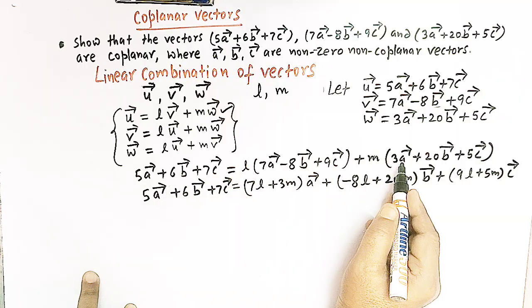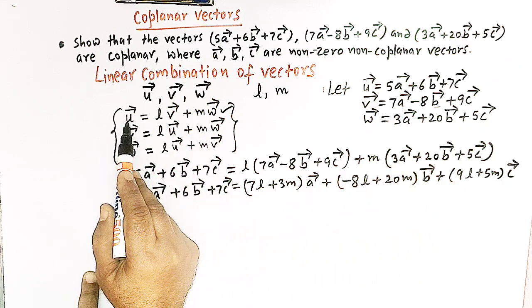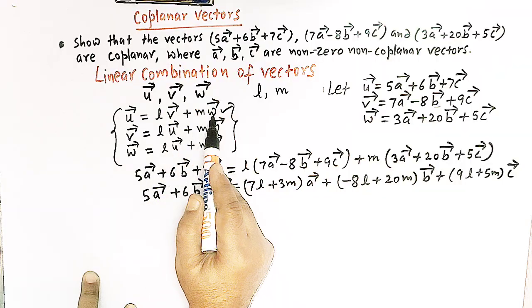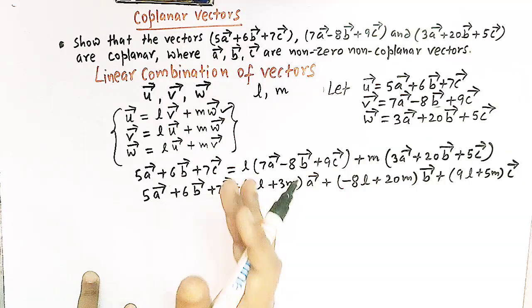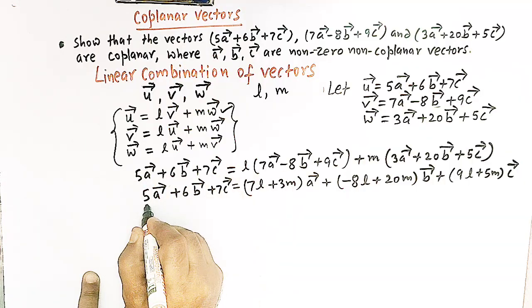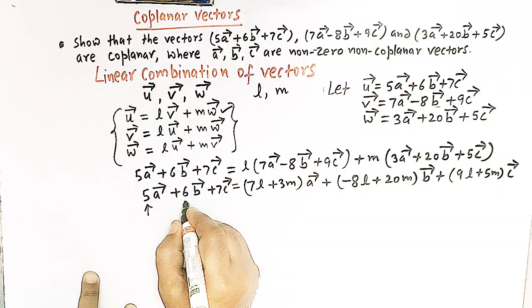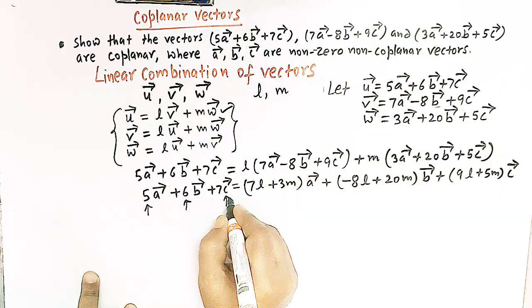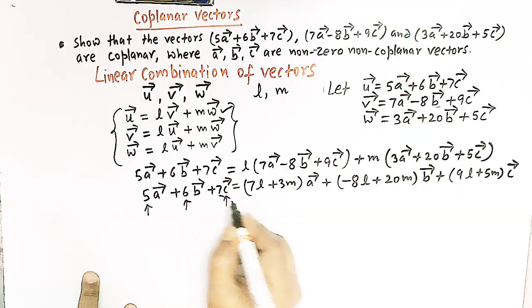So what we have done here is we are trying to express this vector u as a linear combination of vector v and vector w. So now in the left hand side, the coefficient of vector a is 5, the coefficient of vector b is 6, and the coefficient of vector c is 7, right?